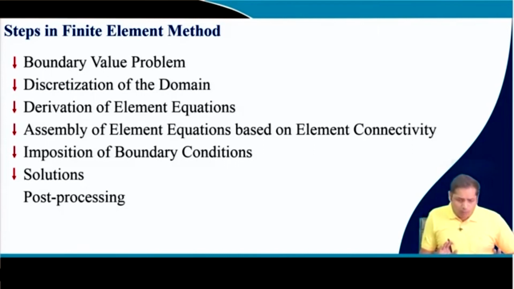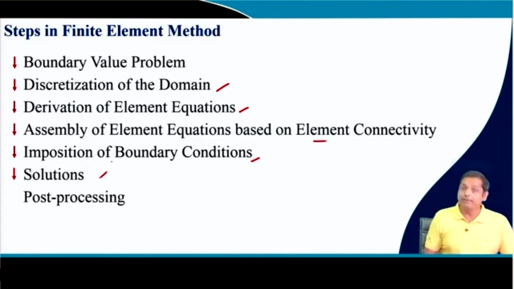Now where do we stand now? Boundary value problems, at least the bar problem and the beam problem, are already discussed. Discretization of the domain is also discussed, and derivation of the element equations for the bar element and for the beam element has already been done. Assembling of element equations, we probably had some discussion, but in this week we will have a detailed discussion on how to assemble them based on the element connectivity, and then imposition of boundary conditions, and then finally solution.